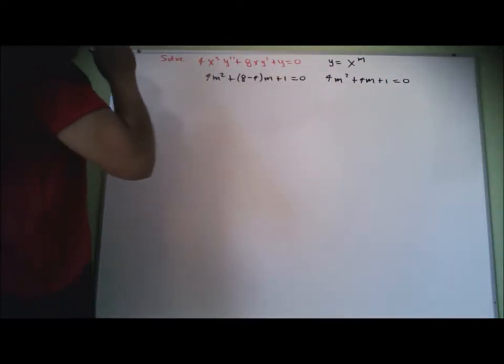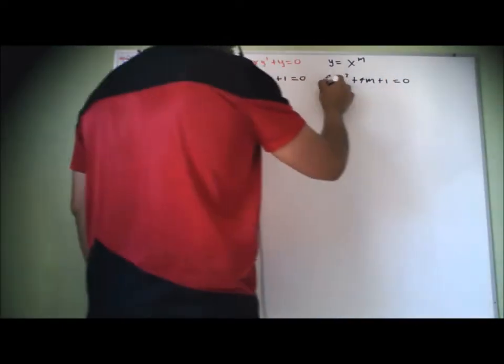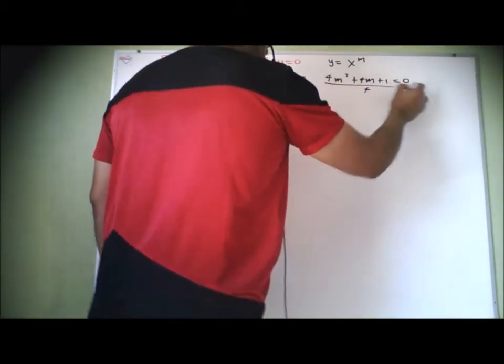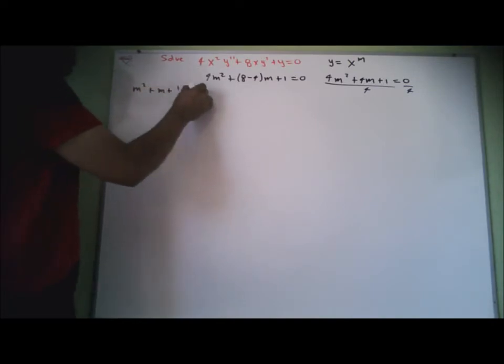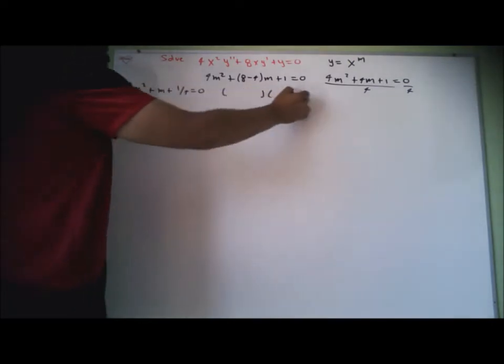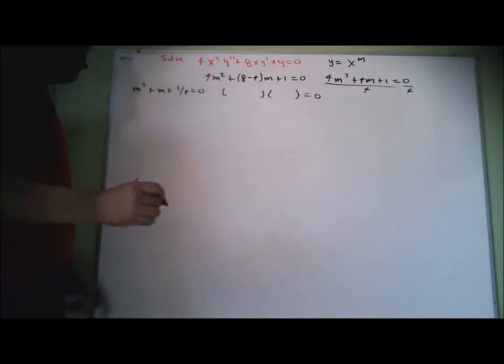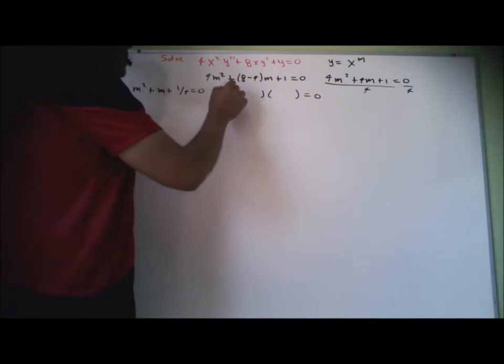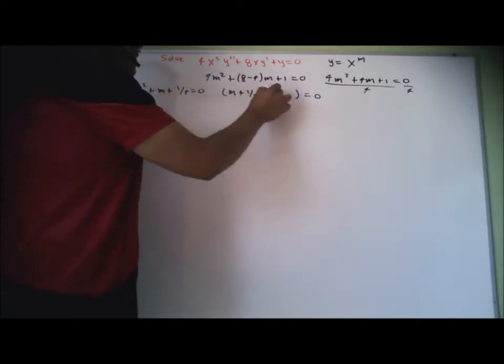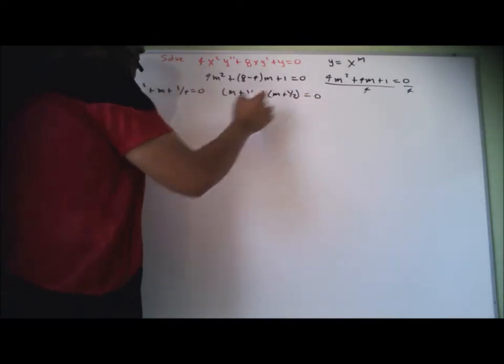Okay, so let's do the factorization of that. I'm going to divide by 4, and then we will have m squared plus m plus 1 quarter equal to 0. Now, two numbers in which the addition is 1 and the multiplication is 1 quarter, well, that is very clear: m plus 1 half and m plus 1 half.